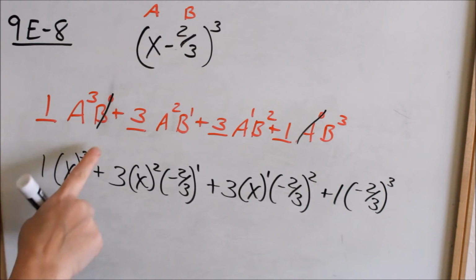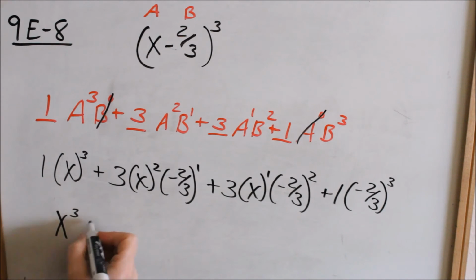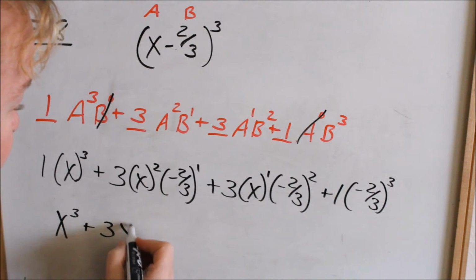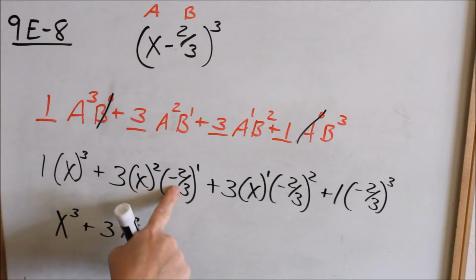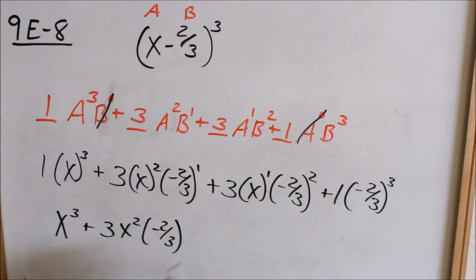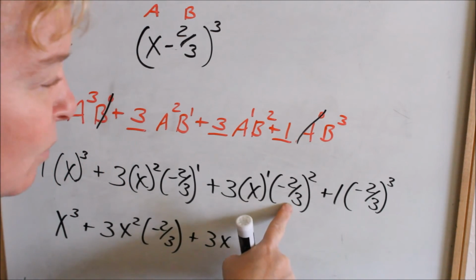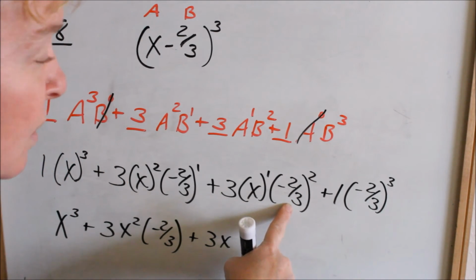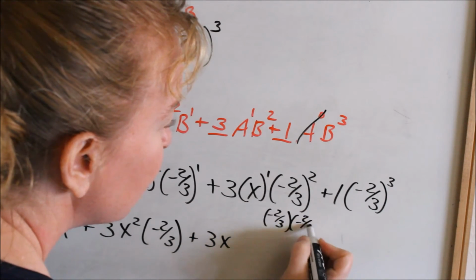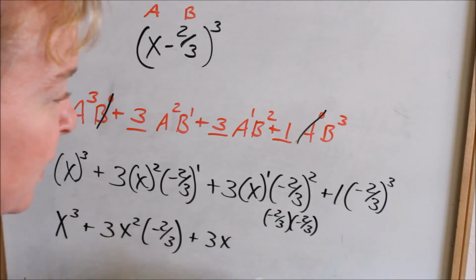Alright, so x cubed is just x cubed times 1, x cubed. Okay, plus 3, I'm going to go one step at a time. X squared times negative 2/3 to the first is just negative 2/3. Plus 3 times x times negative 2/3 squared. That's negative 2/3 times negative 2/3. I'm just going to write it out small for you. So negative times a negative is a positive. 2 times 2 is 4. 3 times 3 is 9.